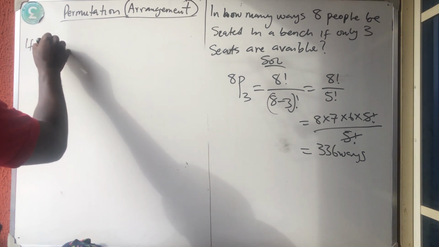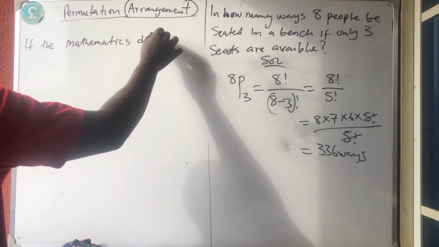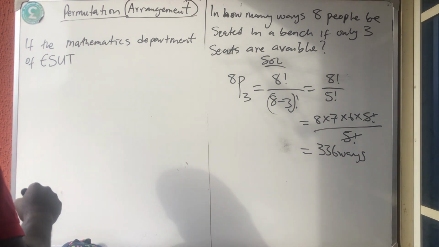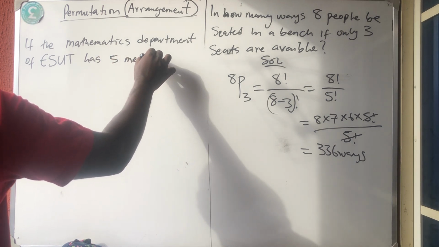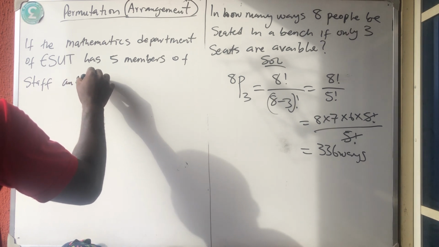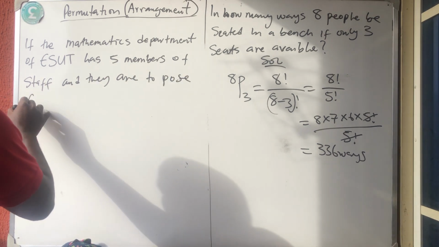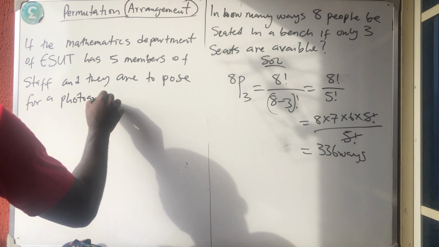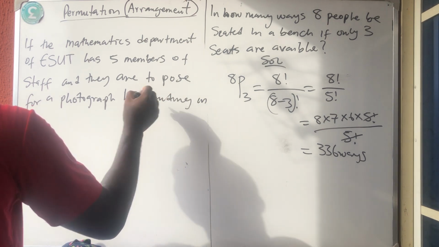They said if the mathematics department of ASUT has 5 members of staff, and they are to pose for a photograph by standing in a row.